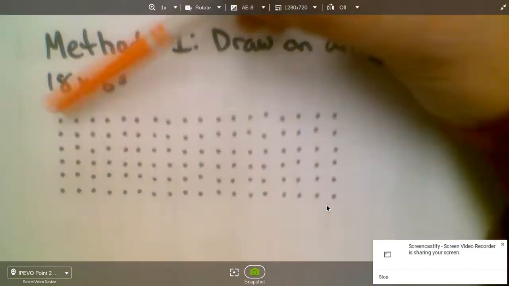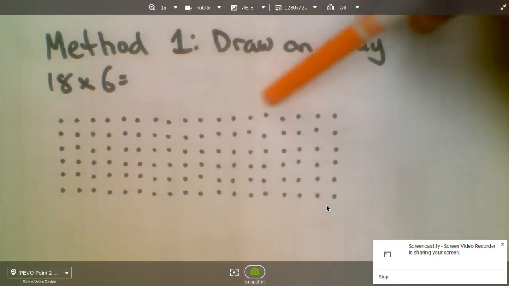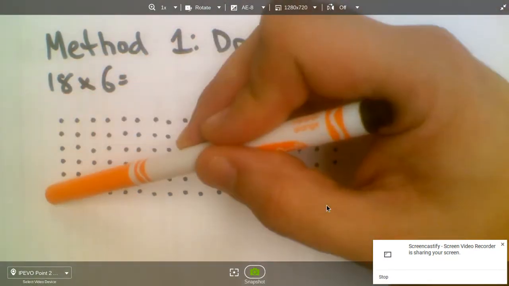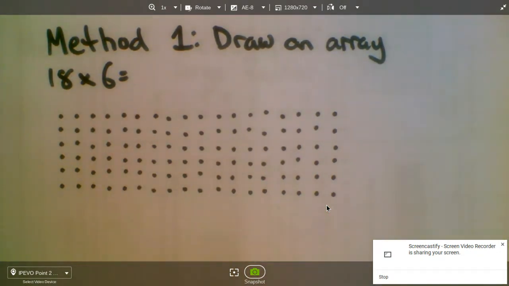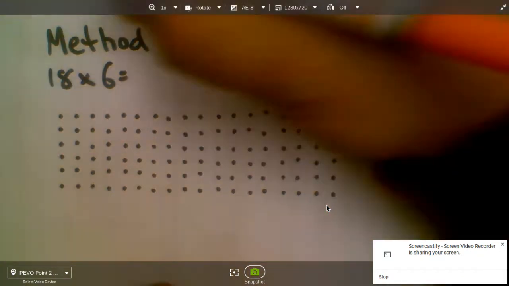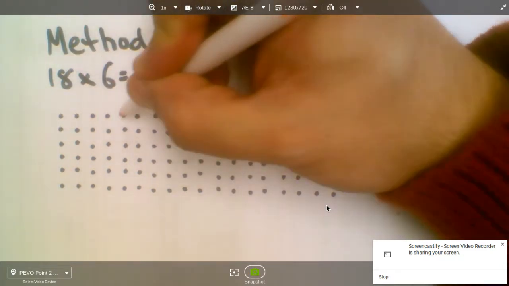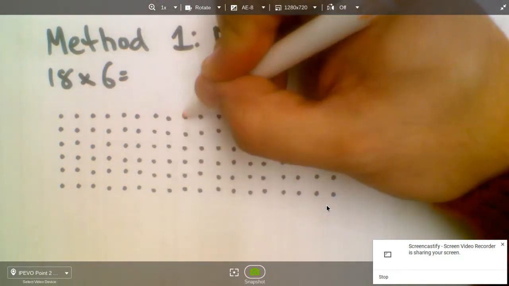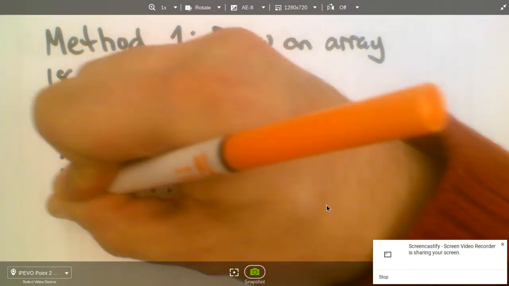Because yeah, I certainly could count how many dots I have here in this entire array, showing me 18 columns, 6 rows. I could count all of these and just go one at a time, but we can make this go a little bit faster. I can sit here and I can count how far 10 is. 1, 2, 3, 4, 5, 6, 7, 8, 9, 10. And I'm just going to divide those up right now.